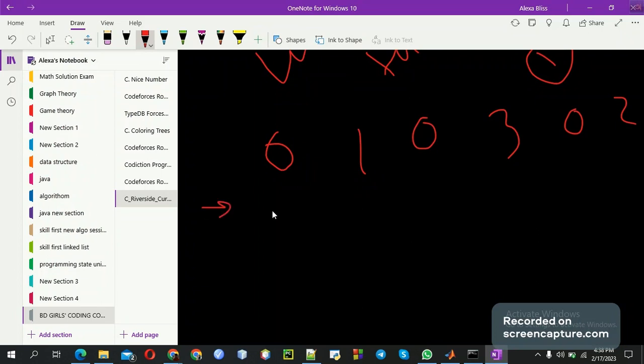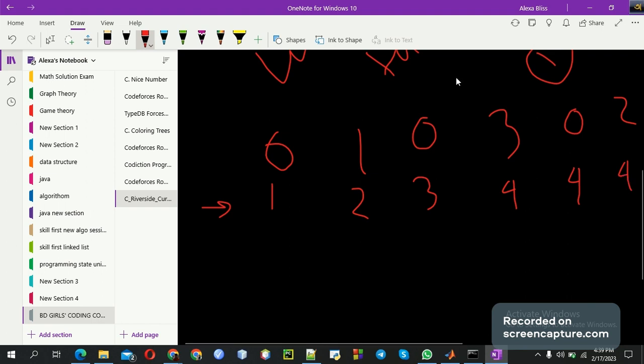What we can see here is that at this state we can use only one watermark, and in this state we can use two watermarks, and in this state we can use three watermarks, and in this state we can use four watermarks, and at this step we can also continue with these four watermarks. And this is the total watermarks we can use here.